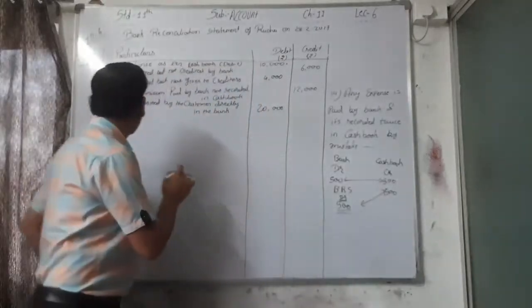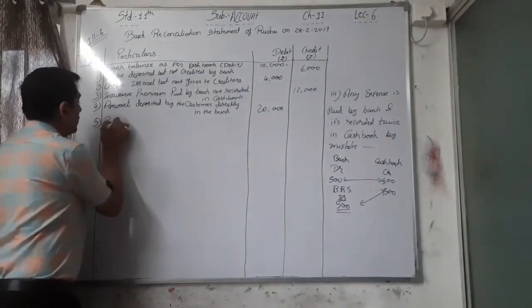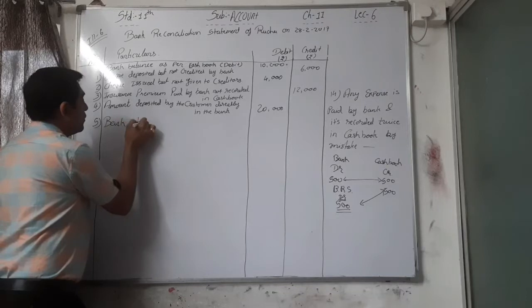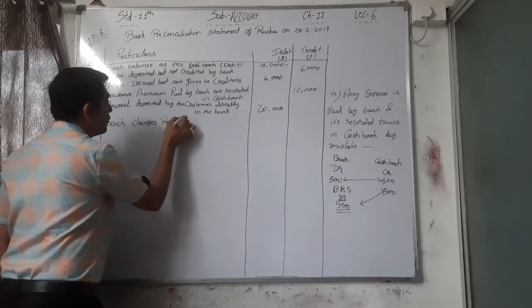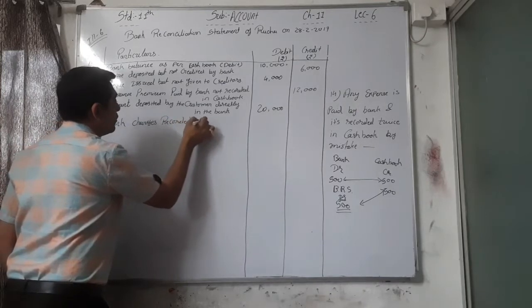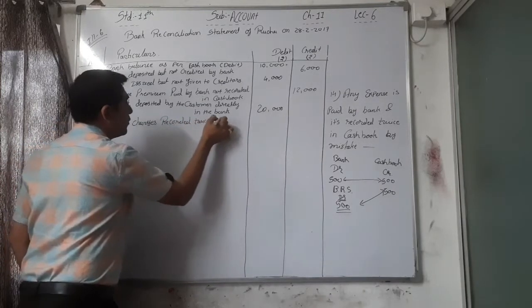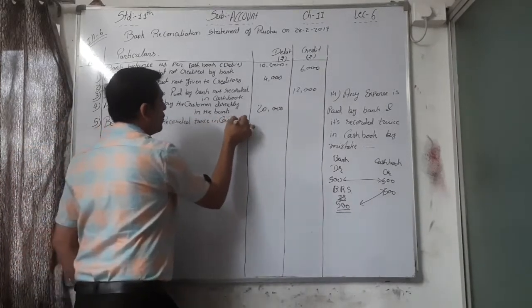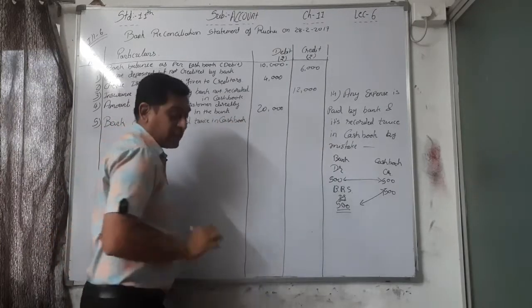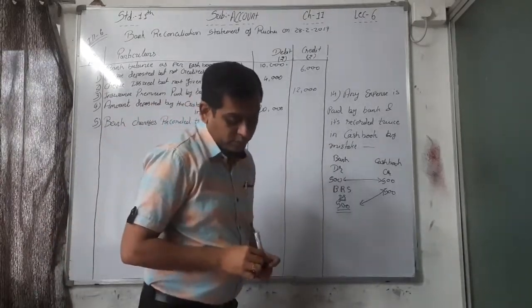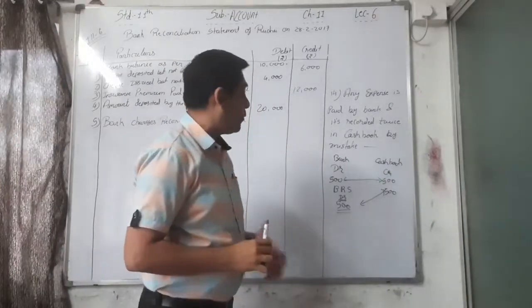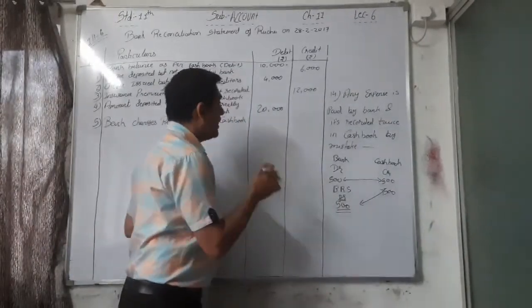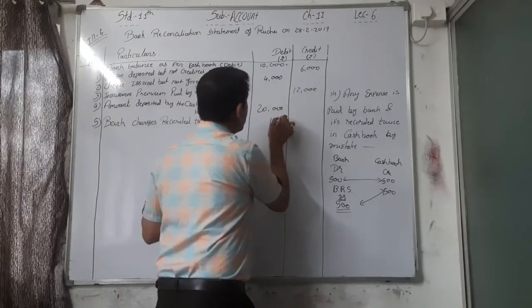The bank charges amount is 100 rupees and 100 rupees. That's why we have to debit the 100 rupees.